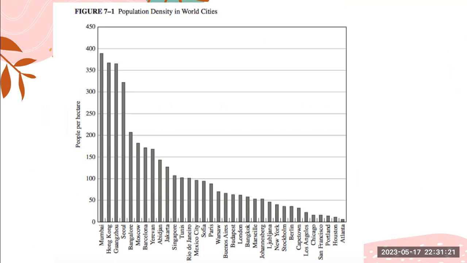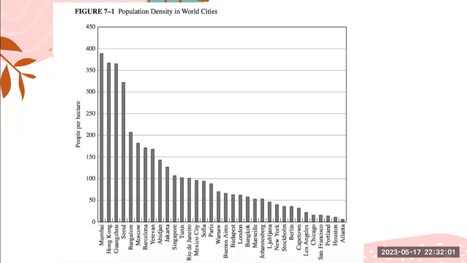So we have here Mumbai, Hong Kong, Guangzhou, Seoul, Bangalore, Moscow, Barcelona, Yerevan, Abidjan, Jakarta, Singapore, Tunis, Rio de Janeiro, Mexico City, Sofia, Paris, Warsaw, Buenos Aires, up to Atlanta. I mean, the US cities here on the right side, Los Angeles, Chicago, San Francisco, Portland, Houston, and Atlanta.